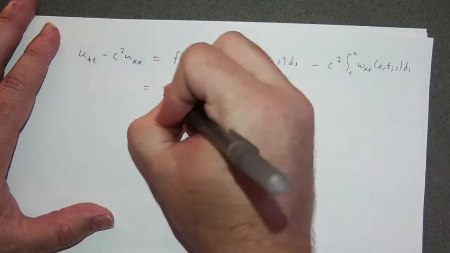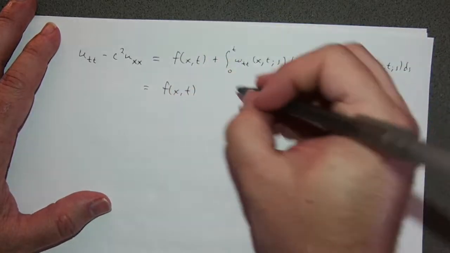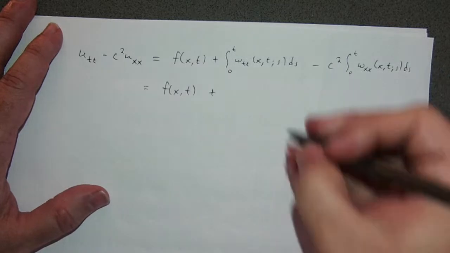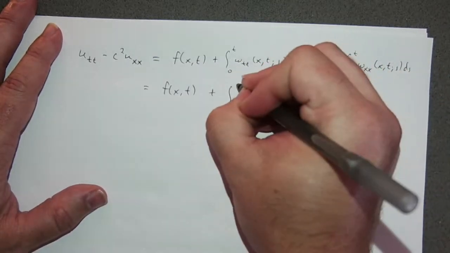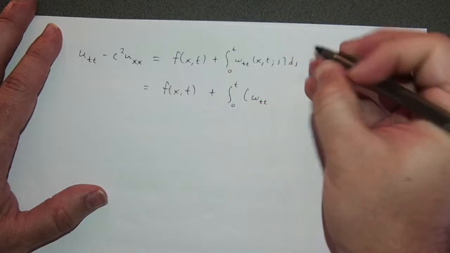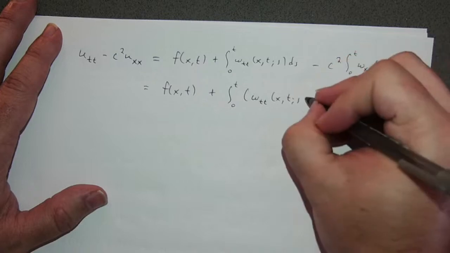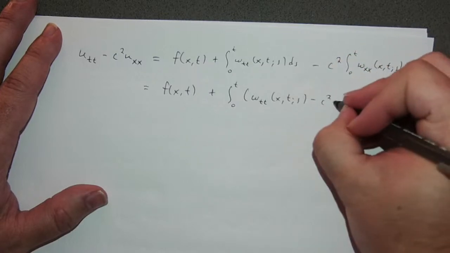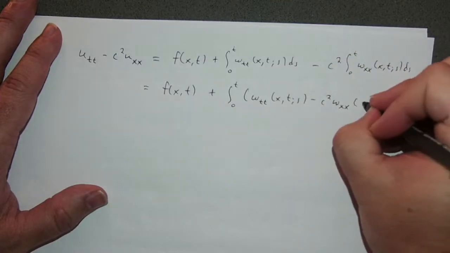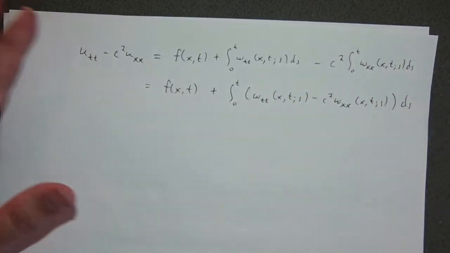So then putting this together, this is f of x, t plus the integral from 0 to t of w sub tt x, t, s minus c squared w sub xx x, t, s ds.